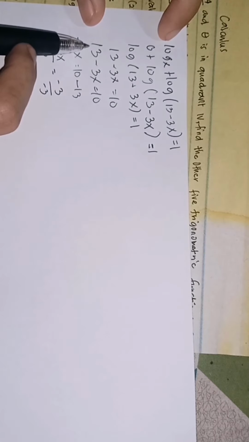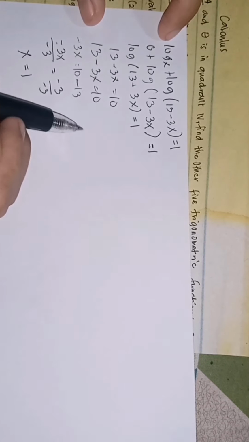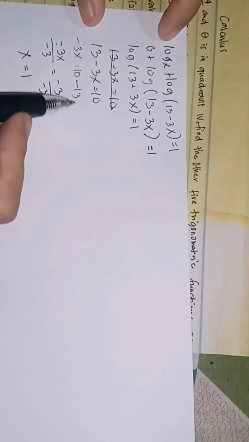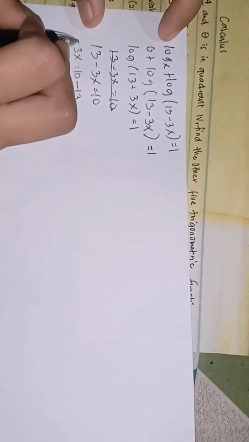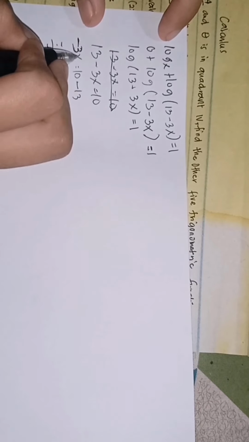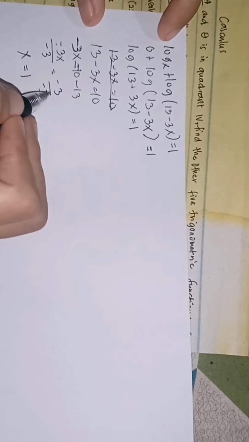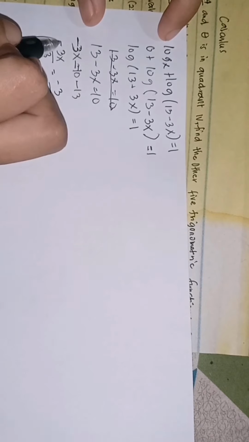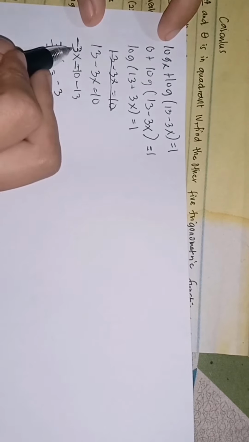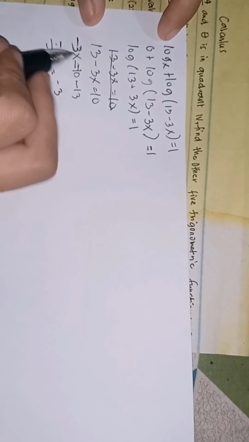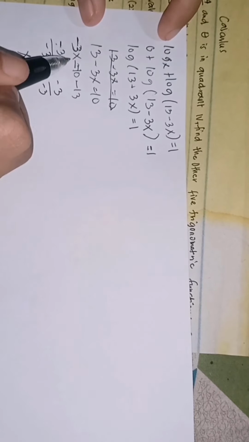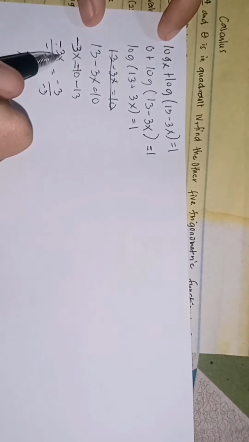we transpose the positive 13 to the right side, which becomes negative 3x equals 10 minus 13. Because there is a coefficient, we take the coefficient so that x remains.